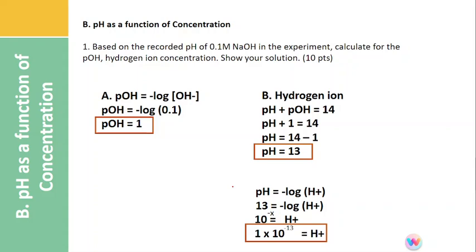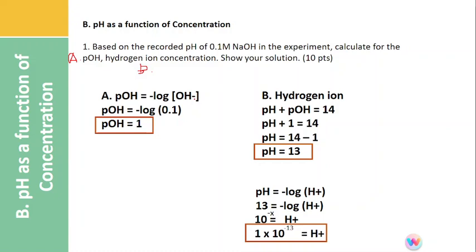Okay, based on your worksheet, the question number 1 is, based on the recorded pH of 0.1 molar sodium hydroxide in the experiment, calculate for the pOH daw. Okay? Hydrogen ion. Let's just classify it under A, yung pOH, yung B, hydrogen concentration. And then, we will now discuss your solution.